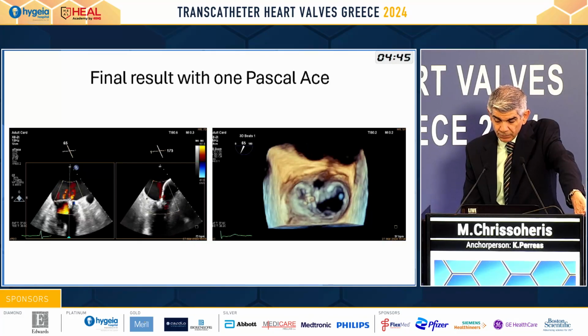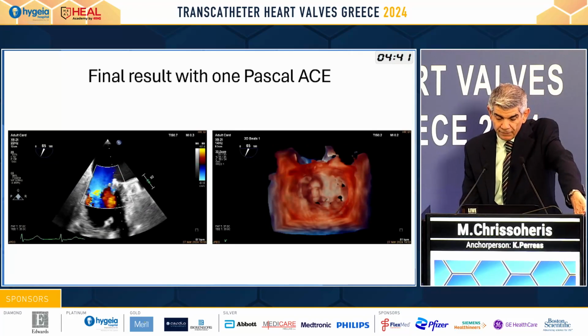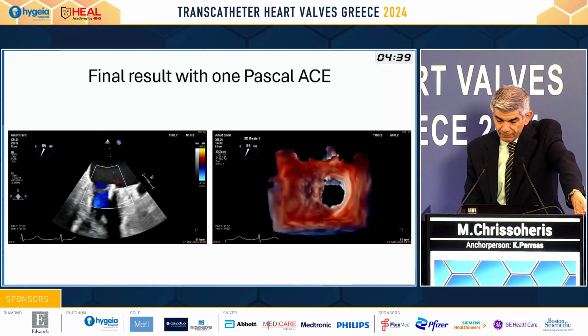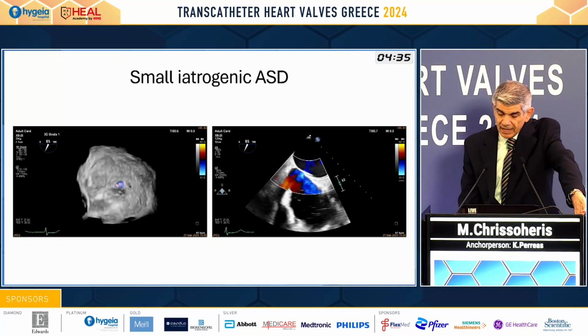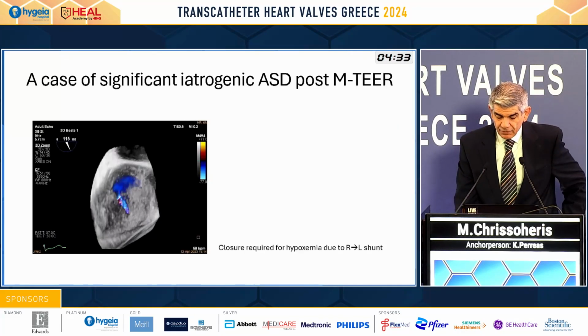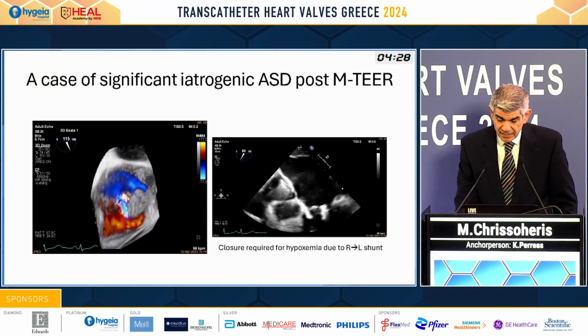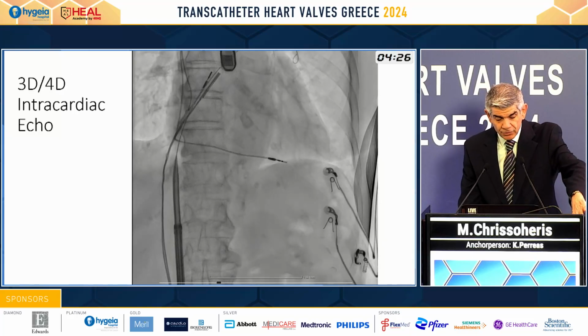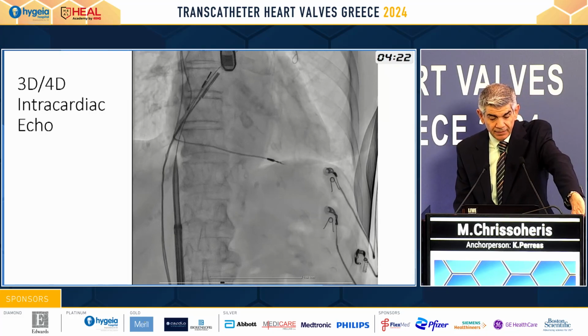And this is the final result with a single Pascal ACE in the lateral commissure with a single orifice valve and a fine result. A small iatrogenic ASD is commonly seen after these procedures. However, sometimes they can be large and significant, in which case closure devices might be indicated. So keep that in mind always to assess the ASD at the end.